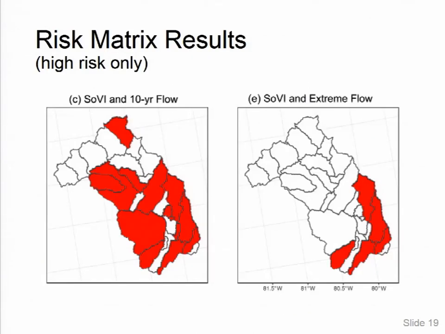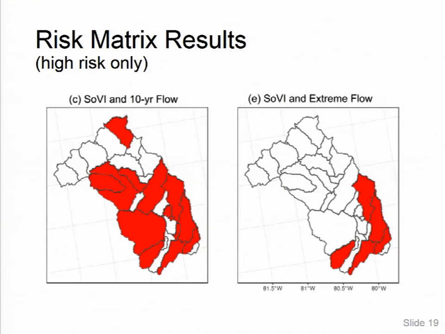Here are the overall results of some of the study. You can see all of the subbasins in both the 10-year flow and the extreme flow cases where there was a greater than 50% increase in the number of either 10-year or extreme flow events in the future, and where especially vulnerable communities were located.